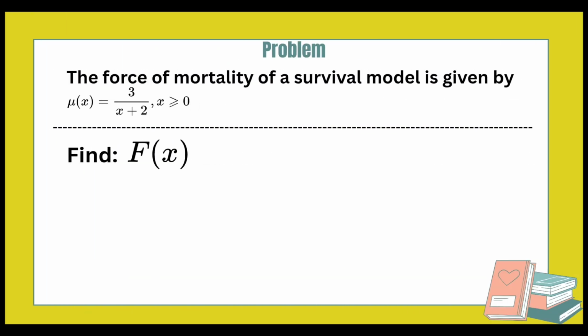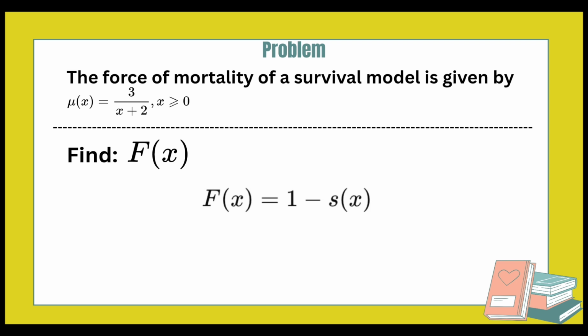So next, we need to find the cumulative distribution function, or the F of x. The cumulative distribution function, or the CDF, tells us the probability that death or failure occurs by age x. It is simply this formula: F of x equals 1 minus the survival function, or S of x.